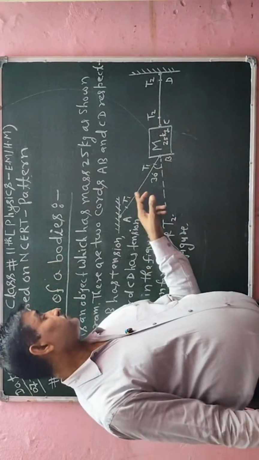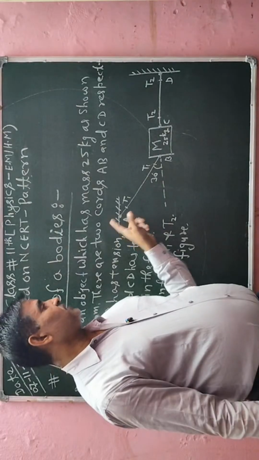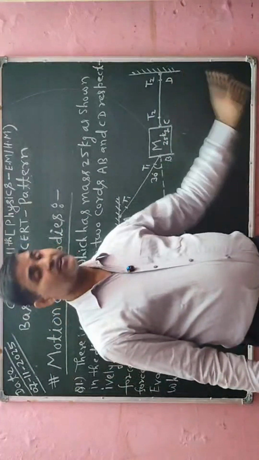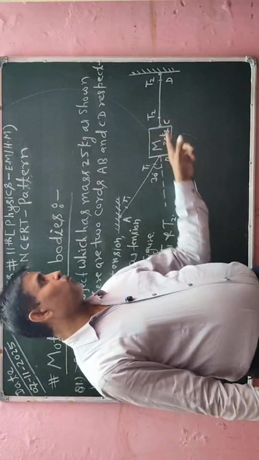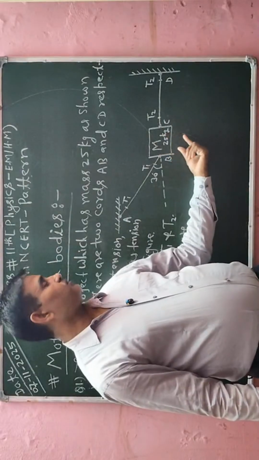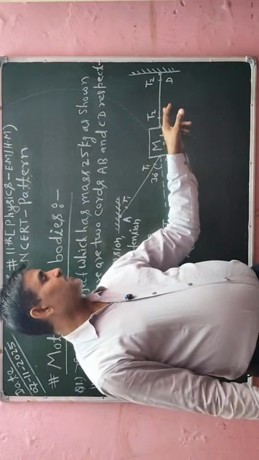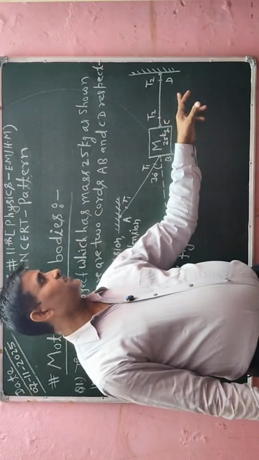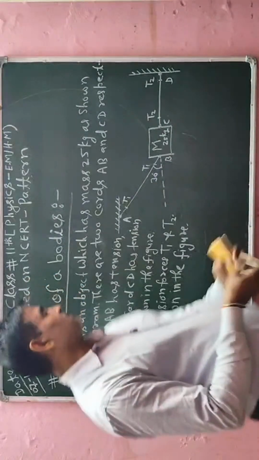Now these threads are connected to rigid points, and both strings are connected with an object which has mass 25 kg, but this string is horizontally connected, while this one is connected at an angle of 30 degrees.